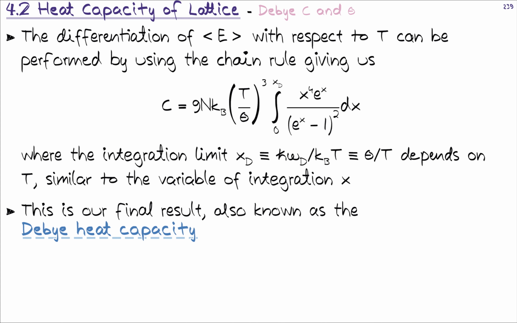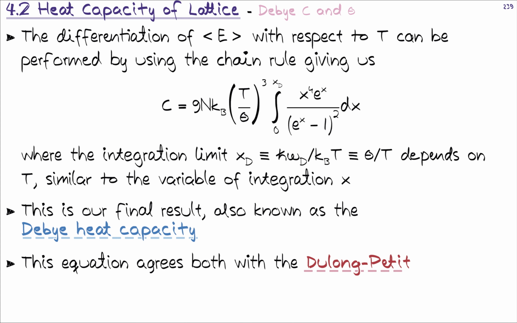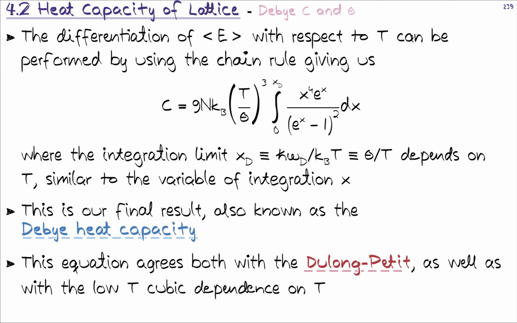And this is quite nice because it does correctly predict the Dulong-Petit behavior, so that when we go to higher temperatures, we get the right kind of temperature dependence. And also when we go to the lower temperatures, we get the cubic dependence on T, so that the heat capacity C is proportional to T cubed, which is the low temperature limit that was found experimentally to be what happens.